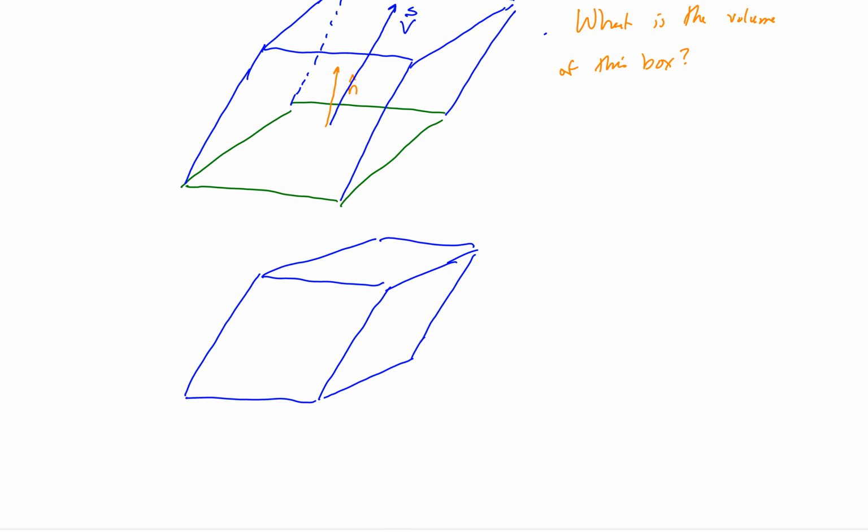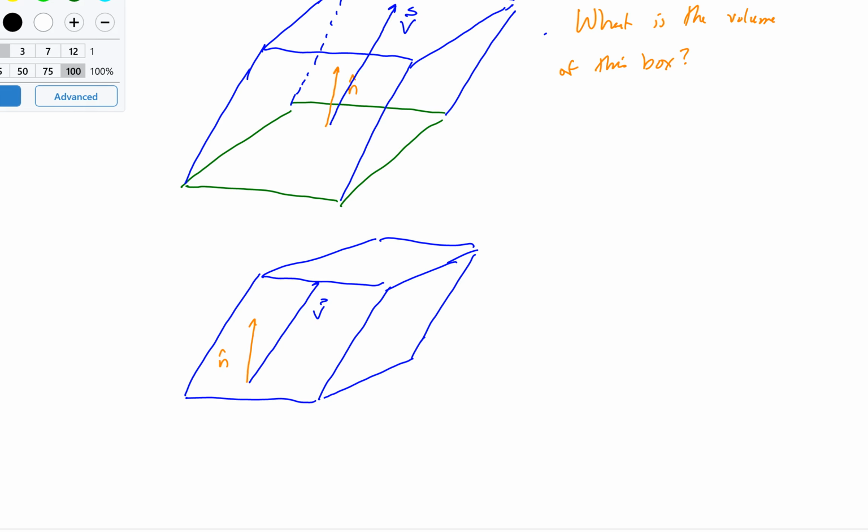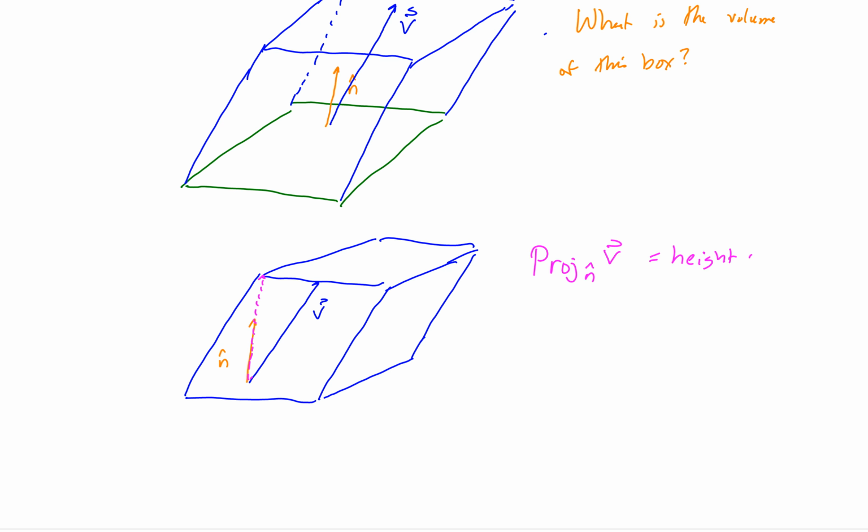Our unit normal vector is going like this, and our vector v is going like this. Notice if we take the projection of v onto n, that's exactly the height of the box. So the projection of v onto n hat is the height of the box.